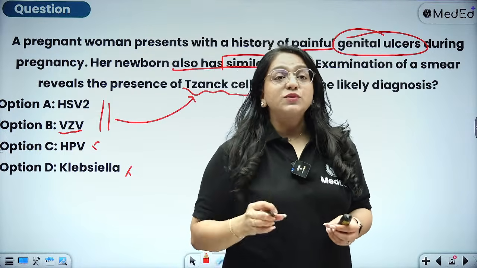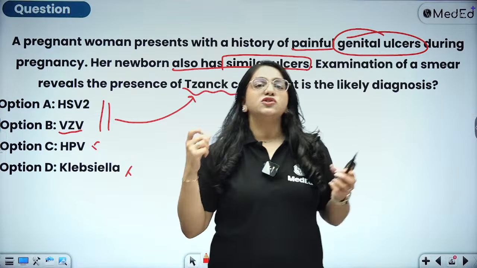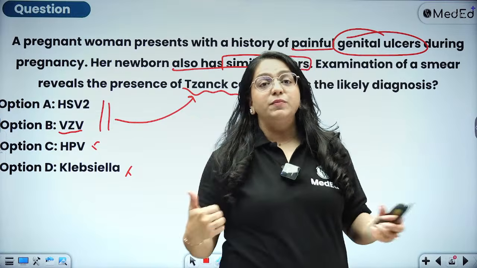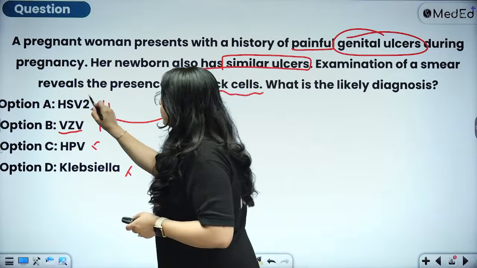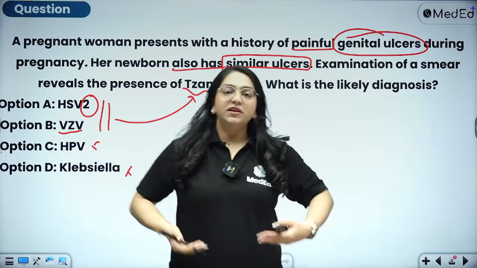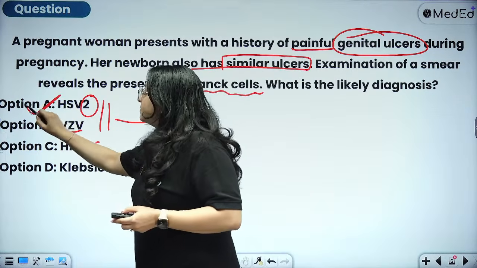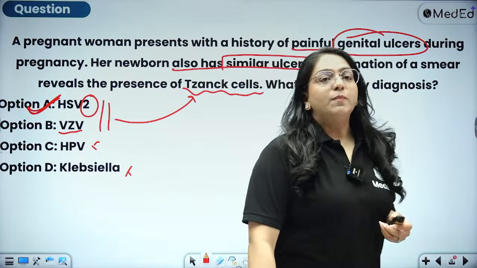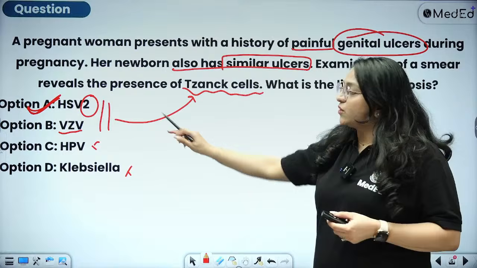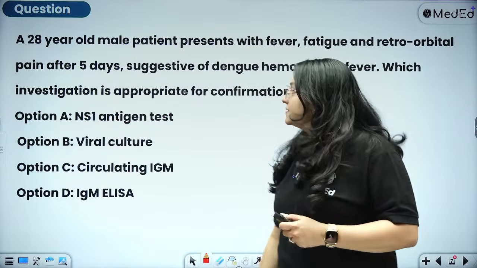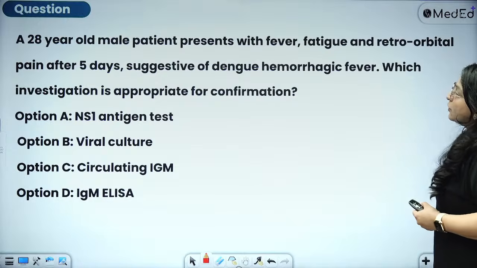So chickenpox would have led to disseminated kind of lesions or rashes all over the body starting from the trunk, but specifically in the genital area. And of course HSV2 is written. So we know that below the waist is HSV2, above the waist is HSV1. So HSV2 becomes my option over here. Okay, so based on Tzanck smear I could not rule out VZV, but based on the history I could rule out varicella zoster virus. Next, 28-year-old patient presents with fever, fatigue, retroorbital pain.